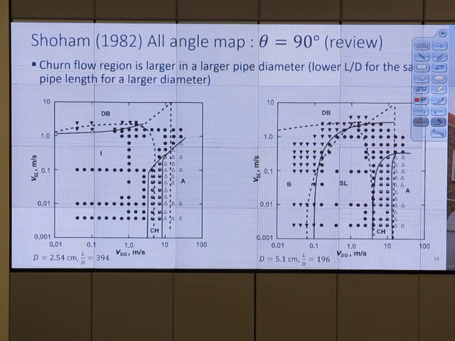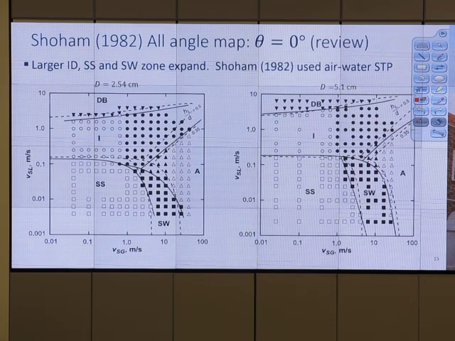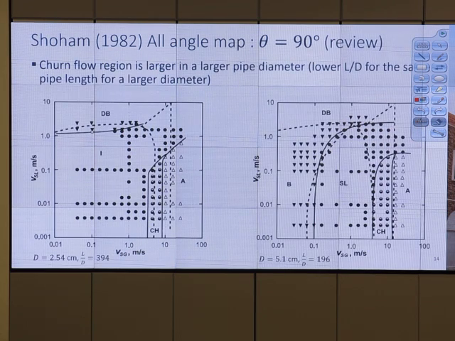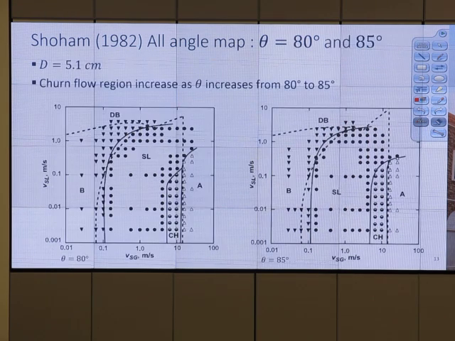The reason for churn flow to not appear at the lower angles is going to be explained later. Basically it's about the buoyancy and the stability of it. So now if you see the flow pattern map, at least you should be able to tell whether it's upward flow or horizontal.